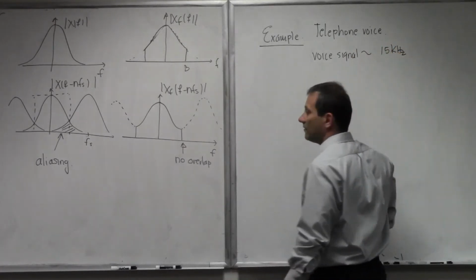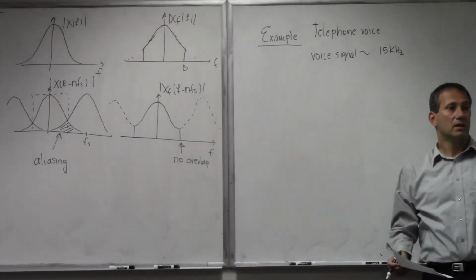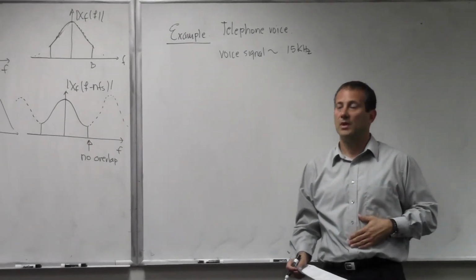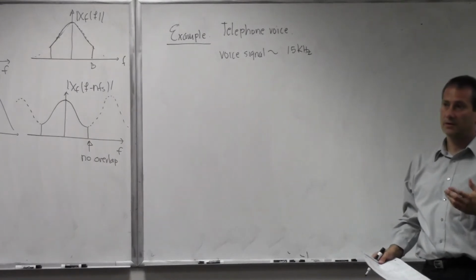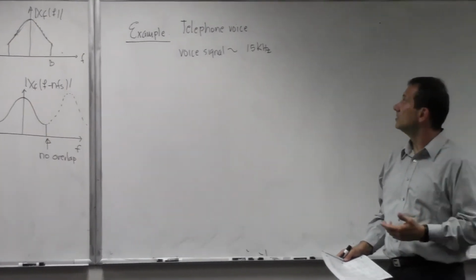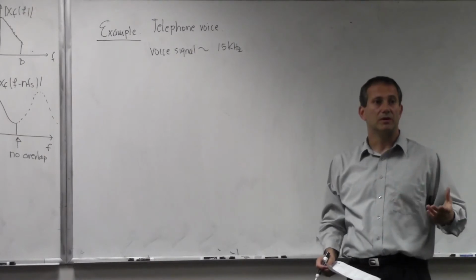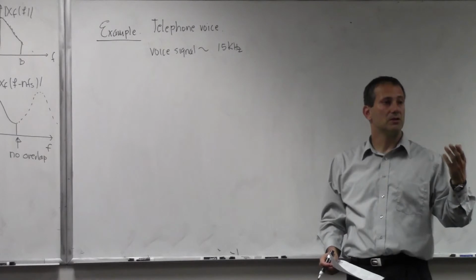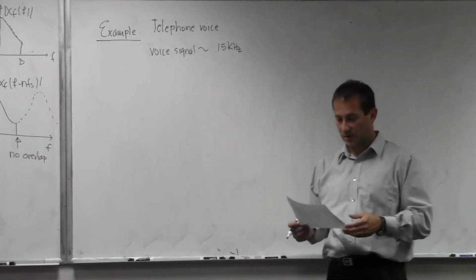It may have even beyond it, but we don't hear it. So, what I say produces some energy all the way up to 15 kilohertz. But when you look at the energy of what is being produced as a result of somebody talking, it is not distributed uniformly. Bulk of it, or actually 99% of it, is between 300 hertz and 3.4 kilohertz.